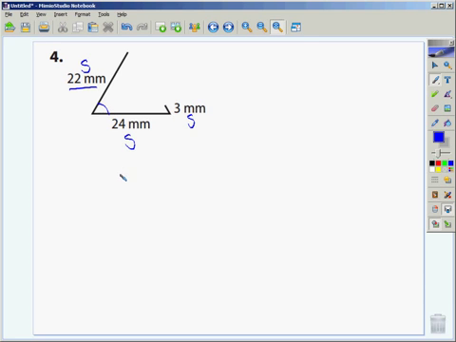Now, with that being said, if it is side, side, side, I've got to make sure that the two smallest sides added together, 3 plus 22, is that greater than 24? So this would be unique. Okay? But you still understand?